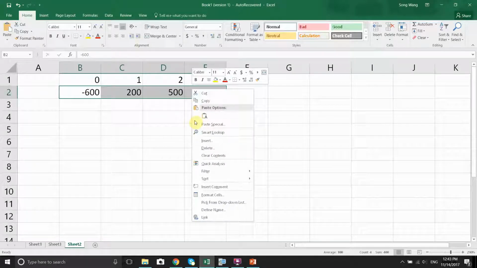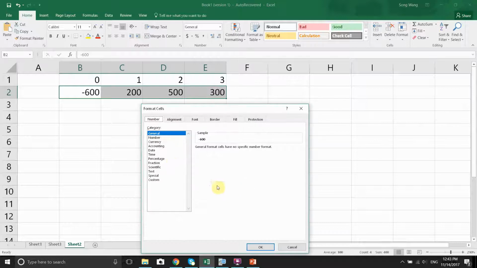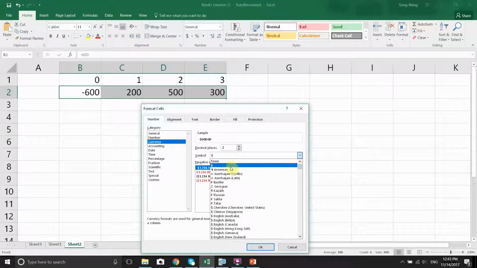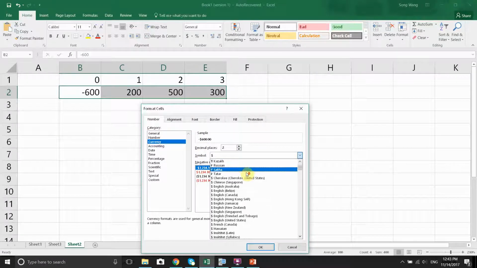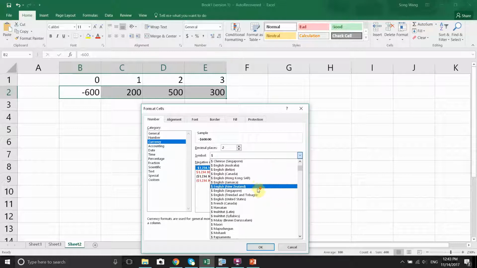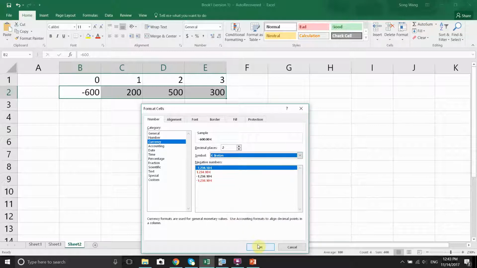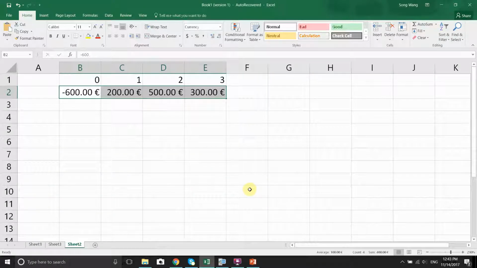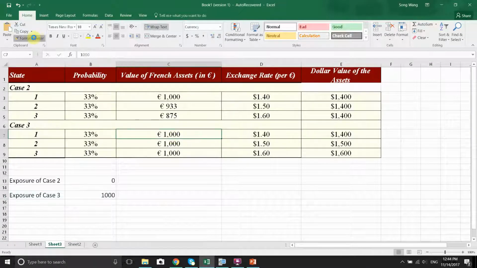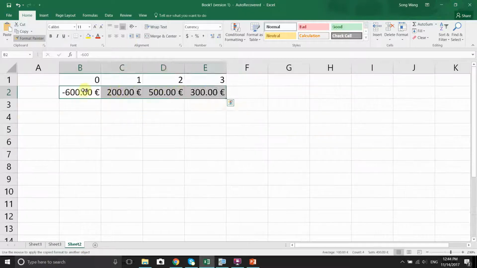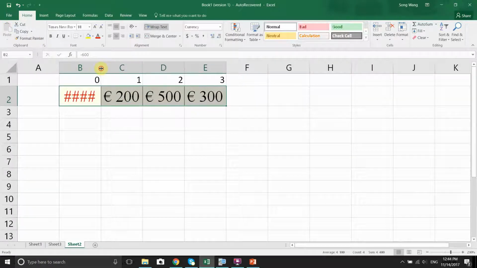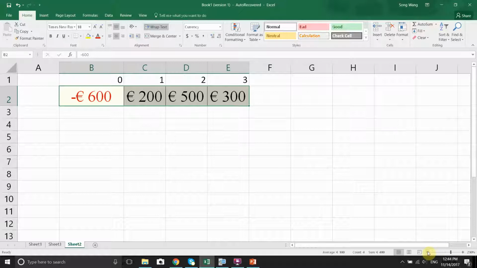Let me format this as currency, make it euro. Okay, so those are euro terms. Well, this does not look very nice, so let me use the format painter, copy the format here, and then get the format there. Okay, so this is the format I really want.